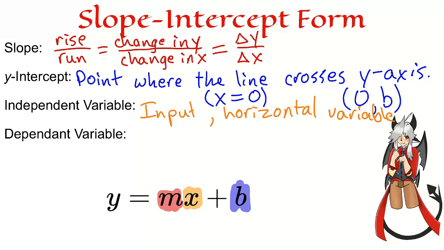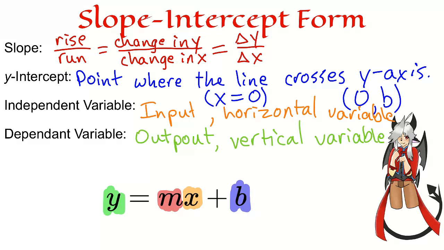The dependent variable is the variable y. And that is the output, or the vertical variable on a graph.